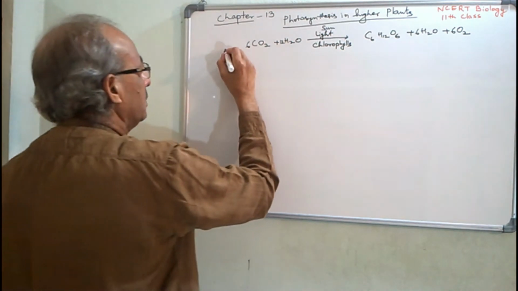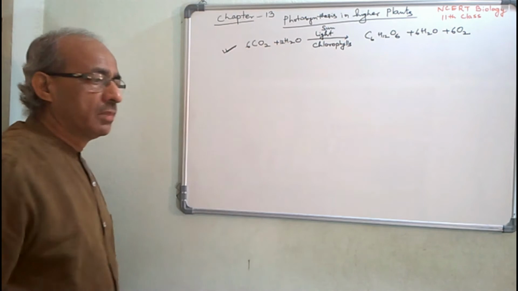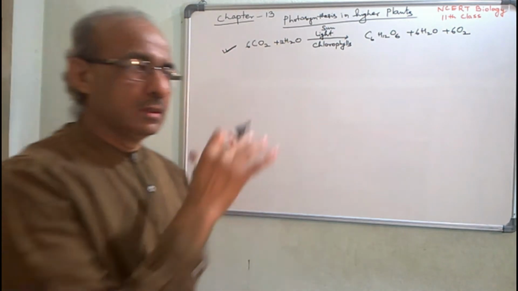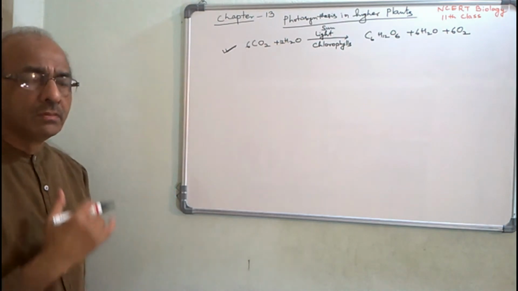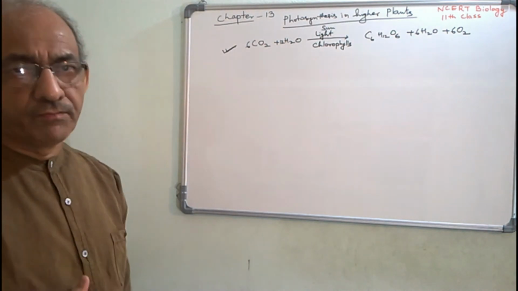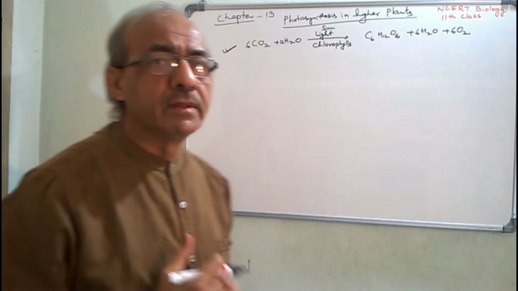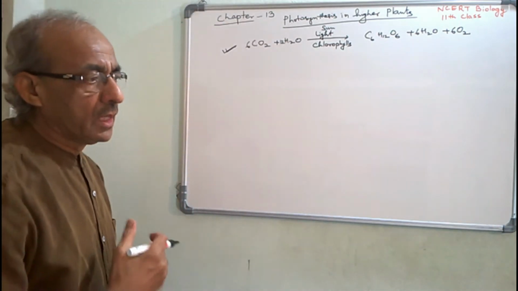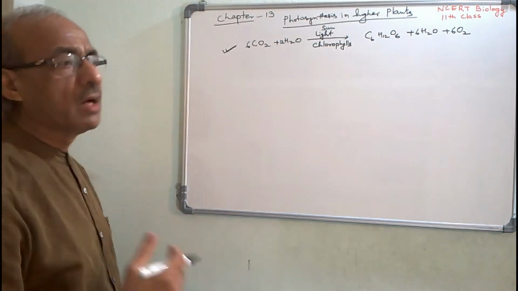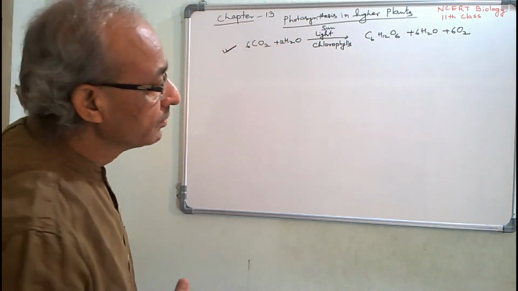This is the simple formula, but photosynthesis is not a one-step biochemical reaction. It is very complicated and is completed after a number of biochemical reactions.